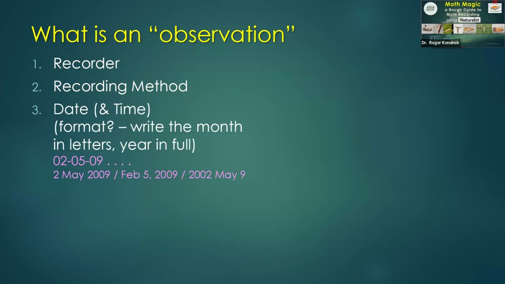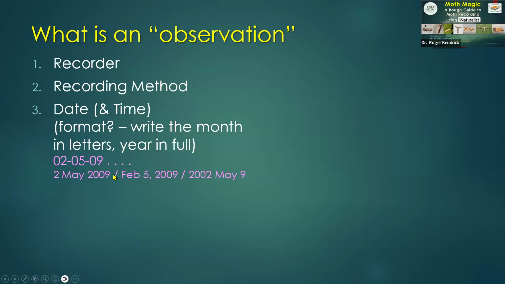When? And this brings in another issue. 02, 05, 09 can be interpreted, depending where you are in the world, in three ways. 2nd of May, 02, 05, 2009. Oh, hang on. Is it 1909, 1809? So write the year in full.